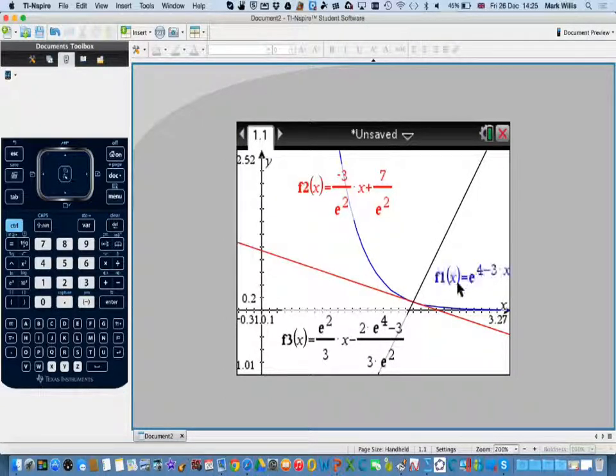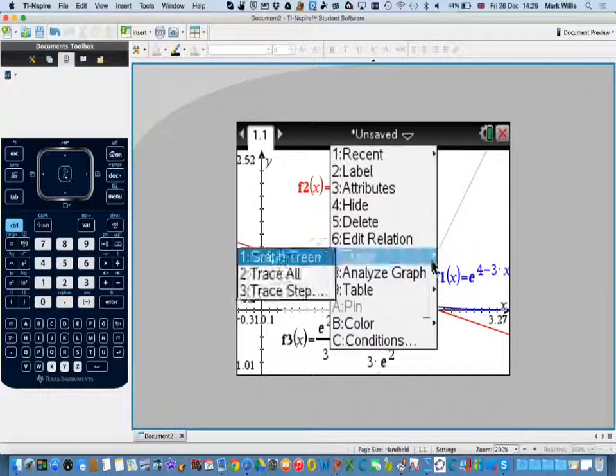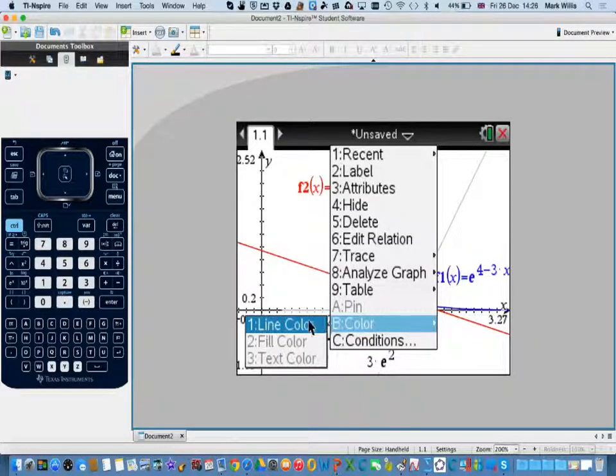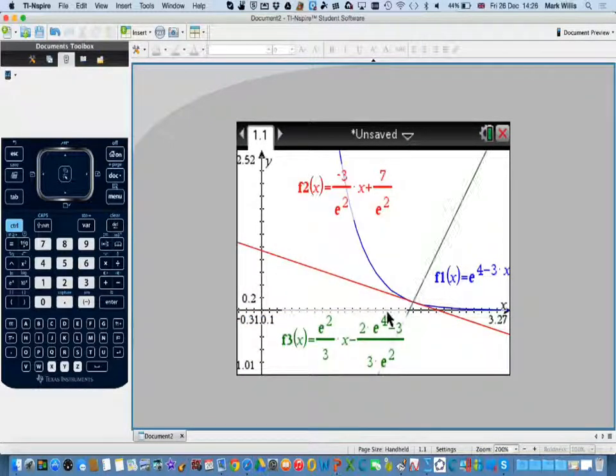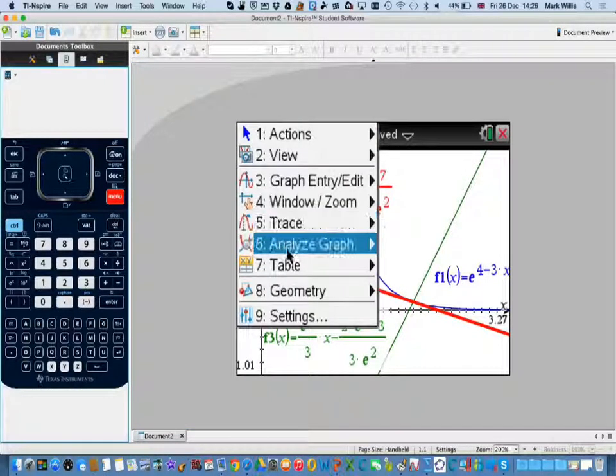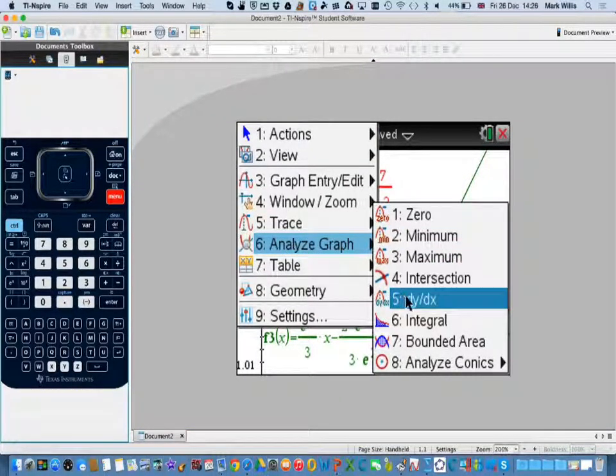Okay, so if we want to change the color of this, if we select the graph and then do right click, which is control menu for you, I'm going to change the line color to be green. Okay, and we can select menu, analyze graph, and we want the intersection.